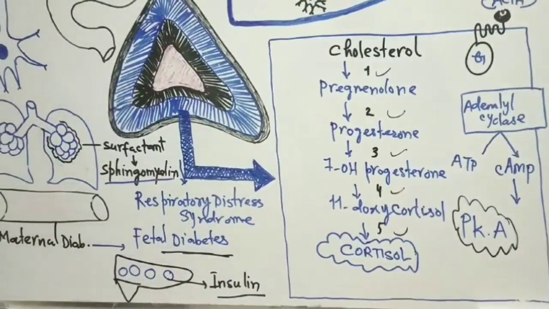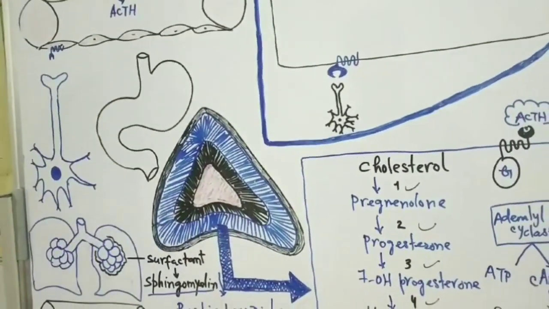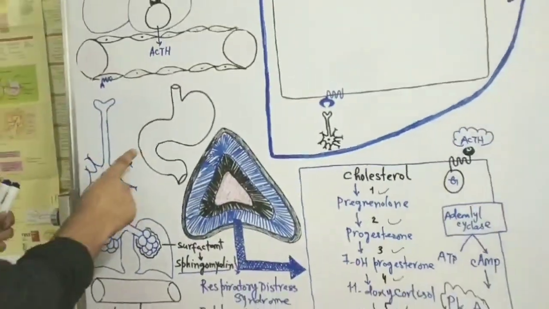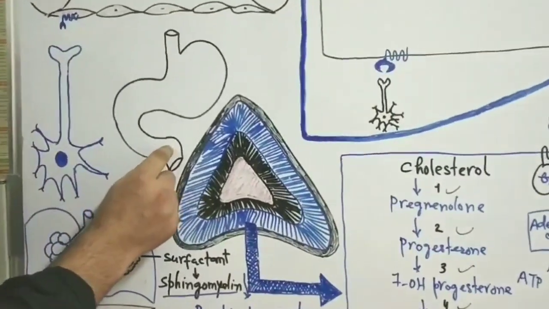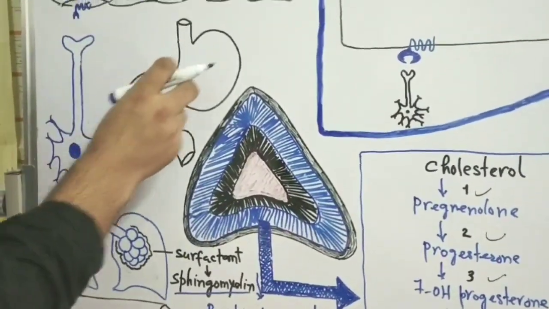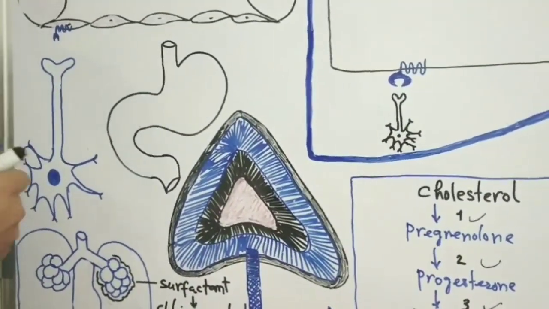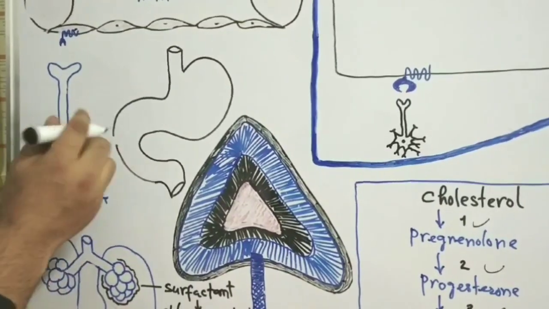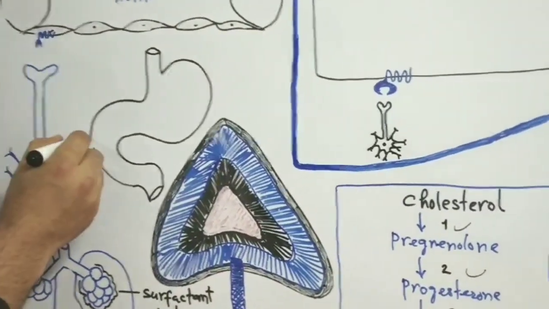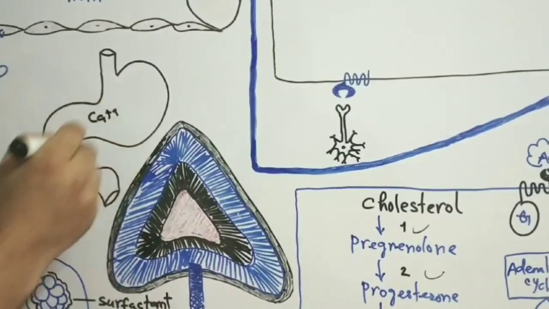Now we will see the cortisol effect on the GIT. Here is your GIT. This is the duodenum. This is the upper part of the jejunum. We know calcium is absorbed by vitamin D. Suppose here is your calcium, which you take from diet.